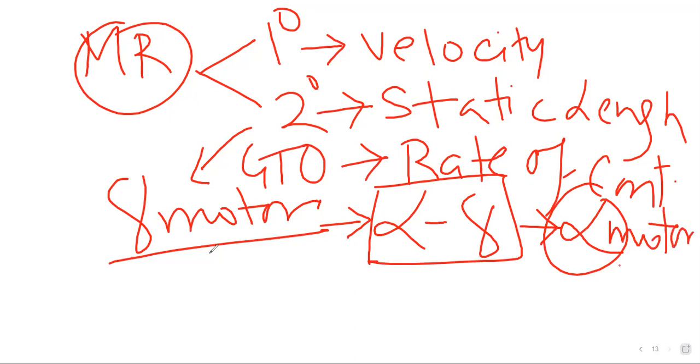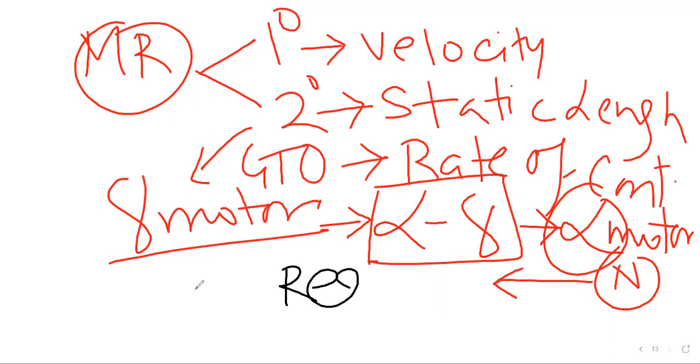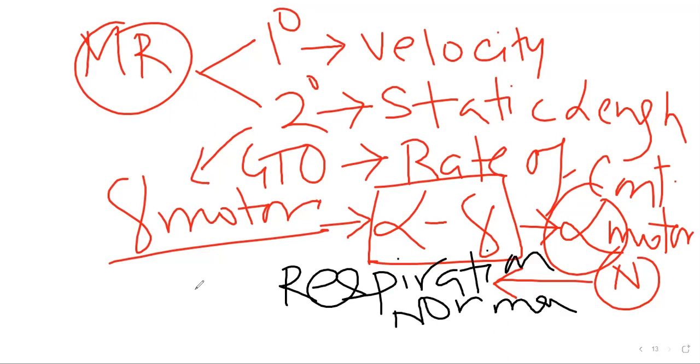By this alpha motor neuron, the deficiency of the contraction effect of the muscle will be corrected, and respiration can be restored and normalized. These are a few effects of the mechanoreceptors, and they occur under normal circumstances during exercise. So these are all about our respiratory system chemical regulation.